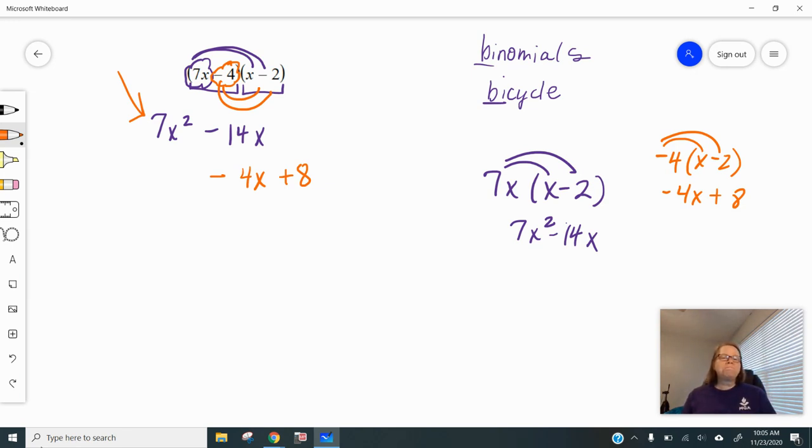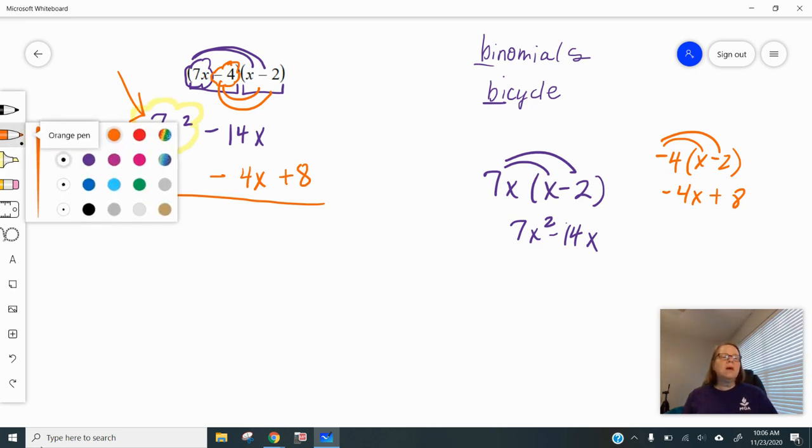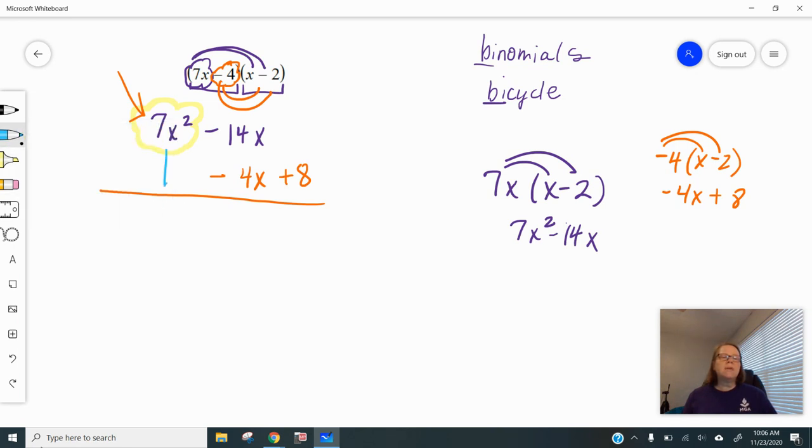So what I've done by doing that is automatically get my like terms in order. You'll hear your teacher probably say combine like terms, and they're just saying put together the things that are similar or the same. All right, so I'm going to bring down 7x squared because there aren't any other x squareds to combine with it.